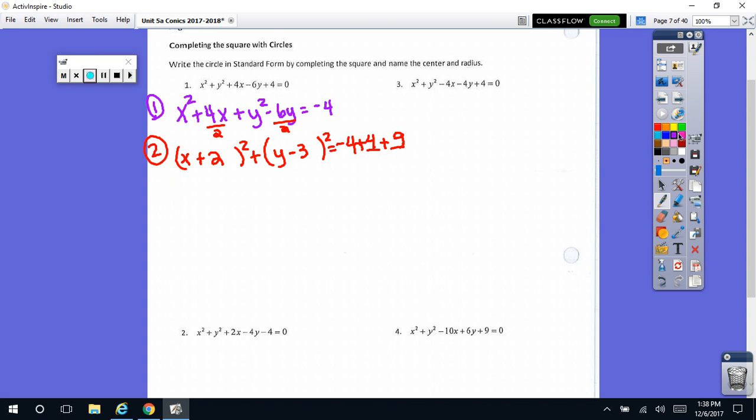Remember, our goal is to find the center and the radius. All the rest of it is just steps to get us there.